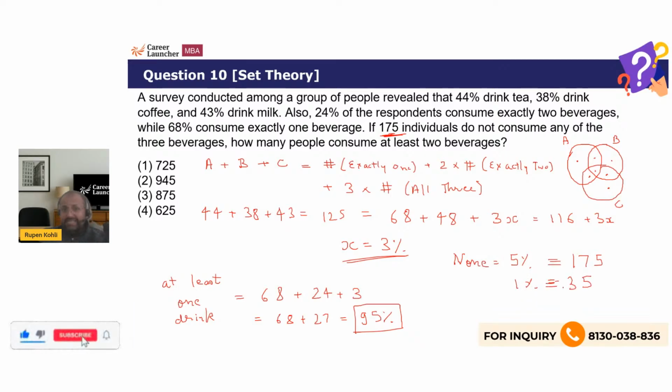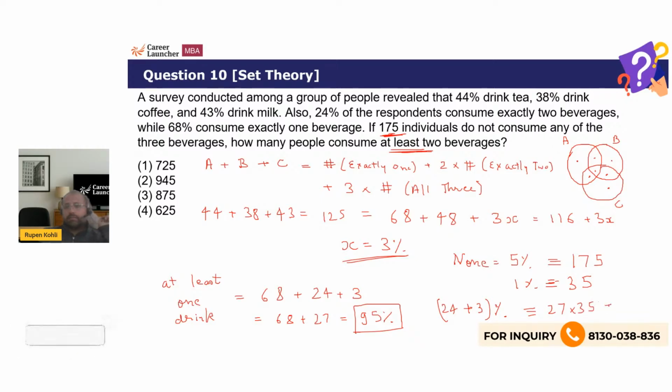What is asked is how many people consume at least 2. So that would comprise of 2 groups, those who drink exactly 2 and those who drink all the 3 drinks. So that is 24%, those who drink exactly 2, and 3%, those who drink all the 3. So we have to find the value of 24 plus 3, or 27%. So 1% is 35. So 27% is what? 27 into 35.